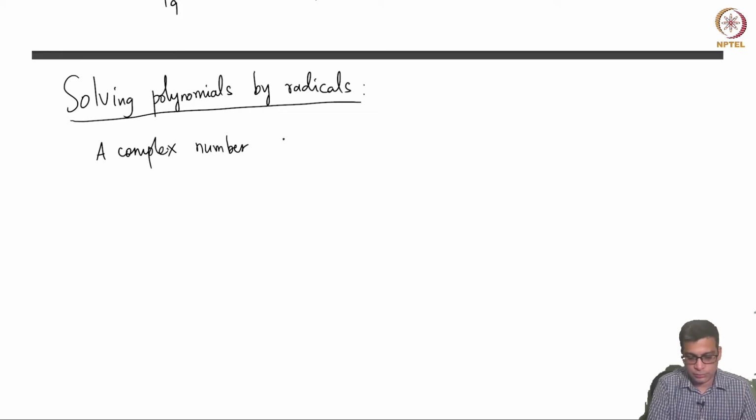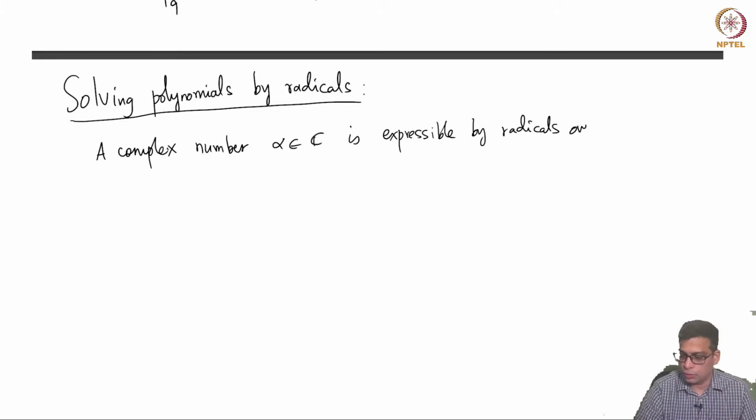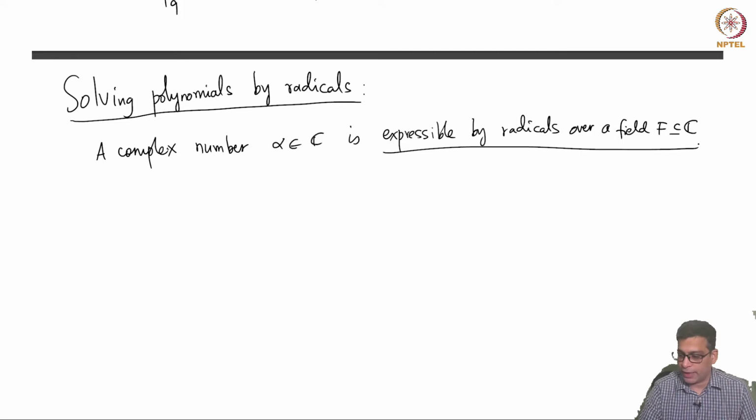alpha is expressible by radicals. So, I have to fix a base field. Okay. So, it is expressible by radicals over some field.